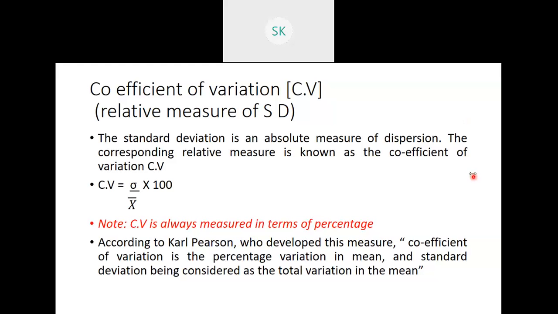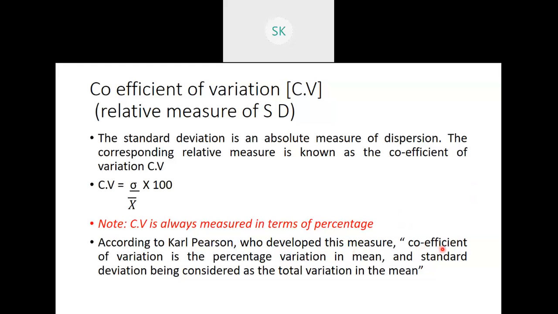Next, we have the definition of coefficient of variance given by Karl Pearson. Now, Karl Pearson is the one who developed this measure.